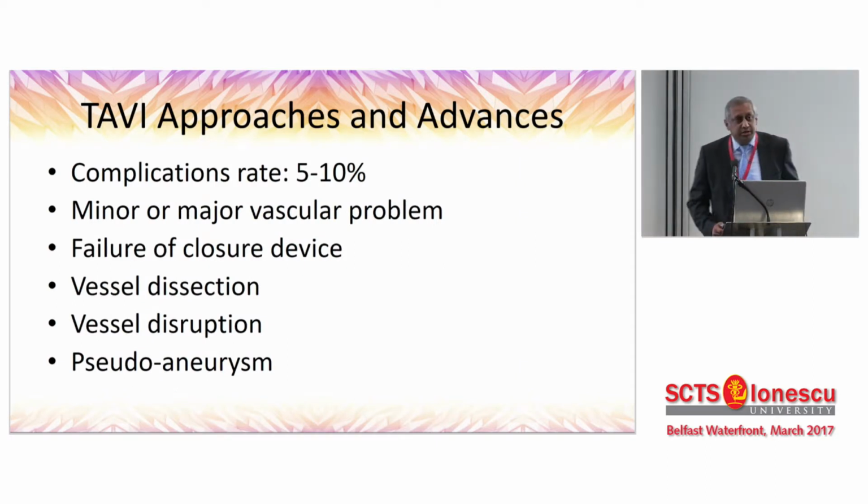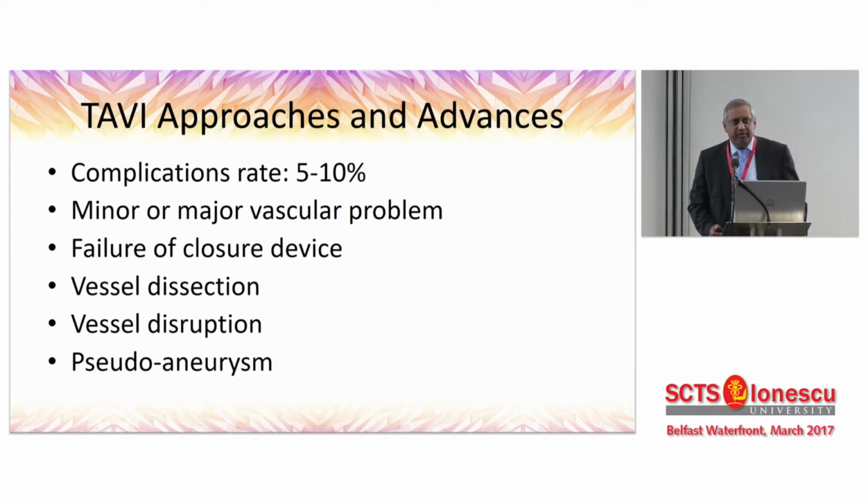In terms of complications, when you go transfemorally with the VARC criteria, you could say there's about a 5 to 10% complication rate. This is what we quote our patients in the consent. Most of them are minor issues with just a leakage around the puncture site, but occasionally you can get into bigger problems.